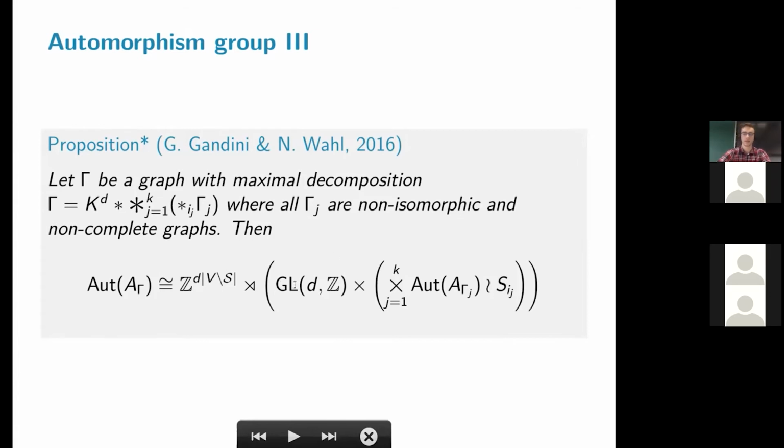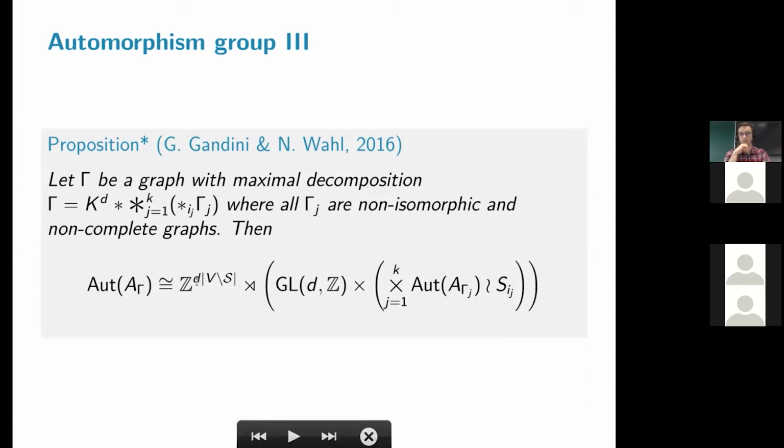Then this general linear group is just the automorphism group of the right-angled Artin group associated to a complete graph, so to a free abelian group of rank D. So this explains the whole set on the right. Now this free abelian factor in the beginning comes from transvections that are not coming from the other factors themselves.